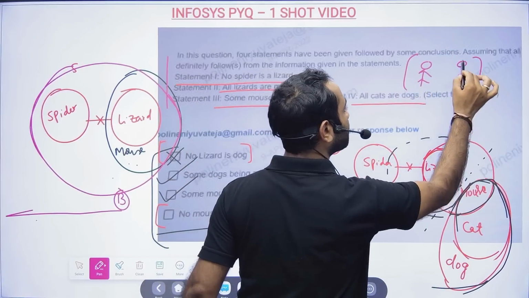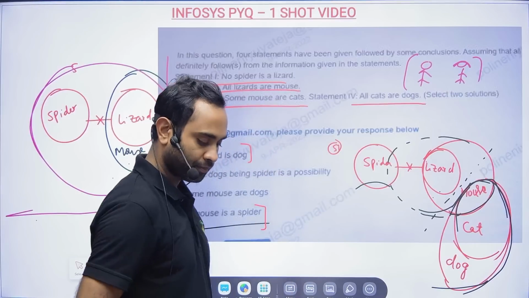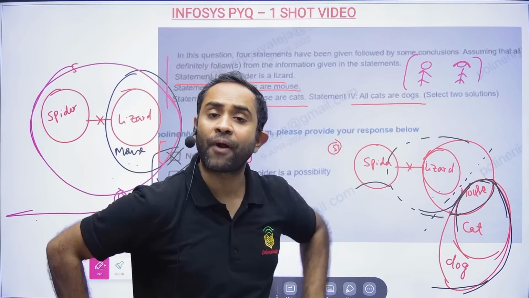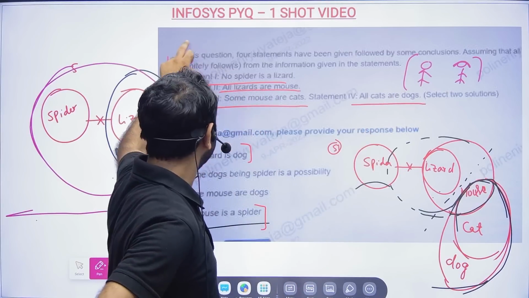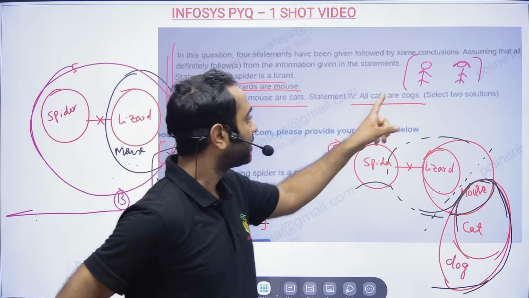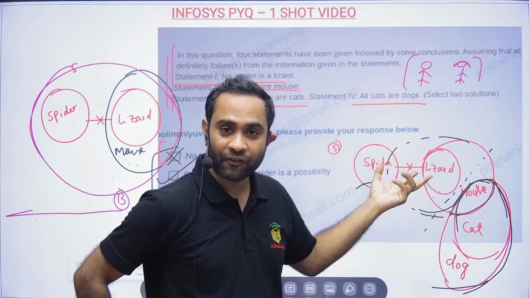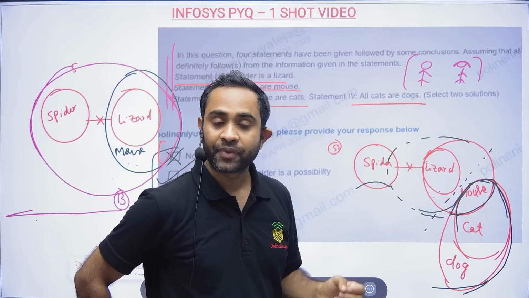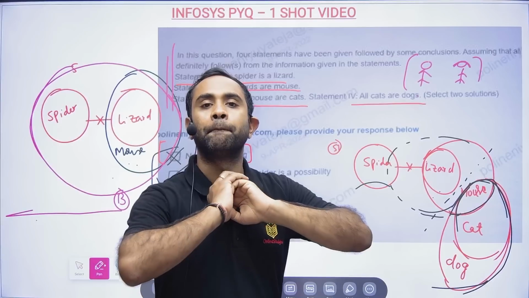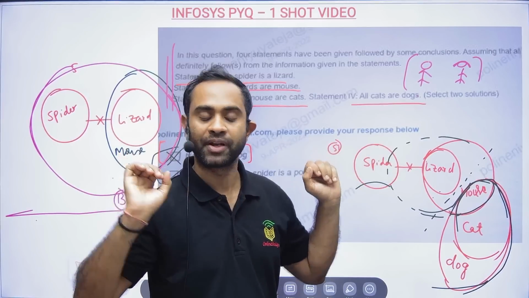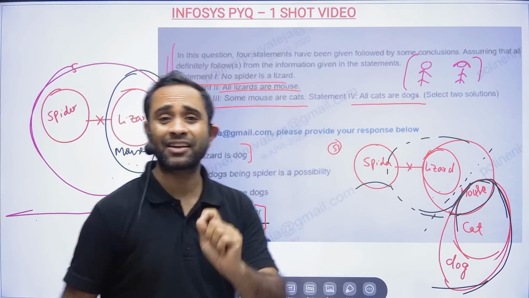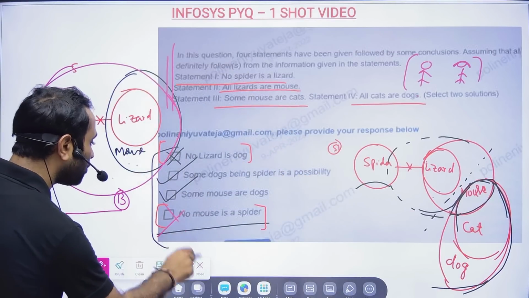Similarly, suppose there is one boy and one girl. If I ask you what the relation between them is, I have not given anything in the statement. They might be husband and wife, cousins, boyfriend and girlfriend, or siblings. There might be n number of possibilities. So you cannot conclude that no mouse is a spider.